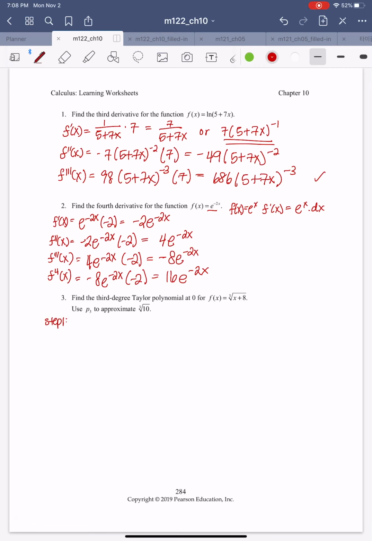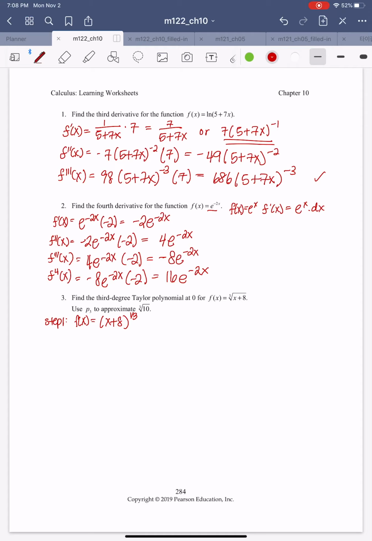let's find all the derivatives. Your original function is cube root of x plus 8. However, I'm going to write it as x plus 8 raised to the 1/3, which is a more friendly way of writing it for differentiating. So I'm using the power rule.